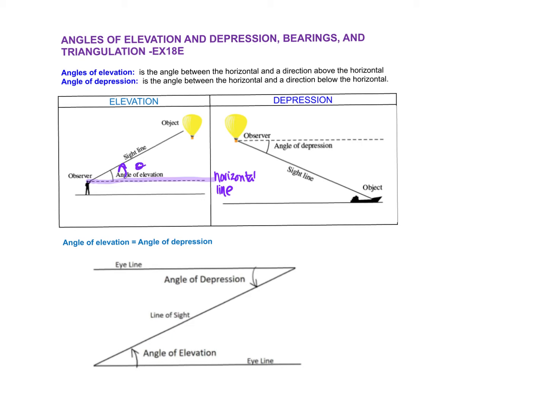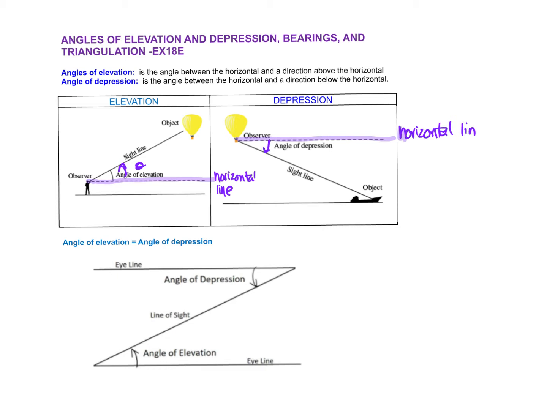Angle of elevation is always done really well, but it's this angle of depression that people pick the wrong angle for. So it's from the horizontal line again, from that line down to that.